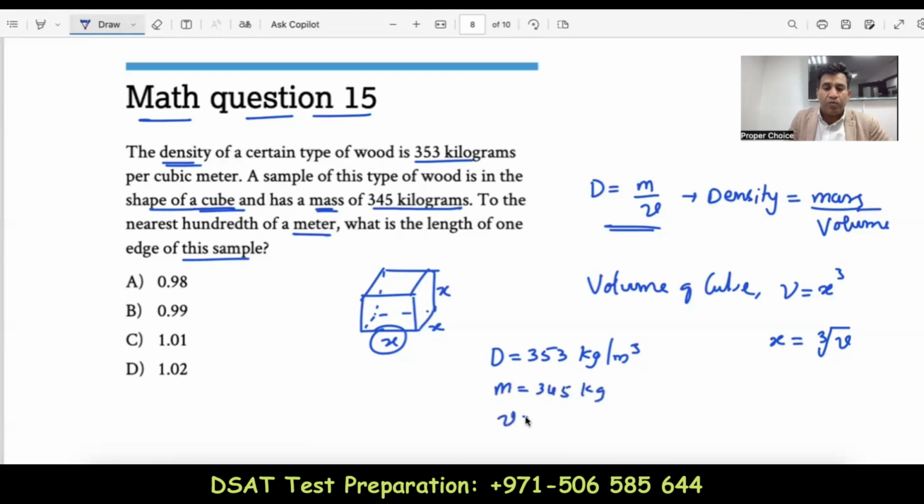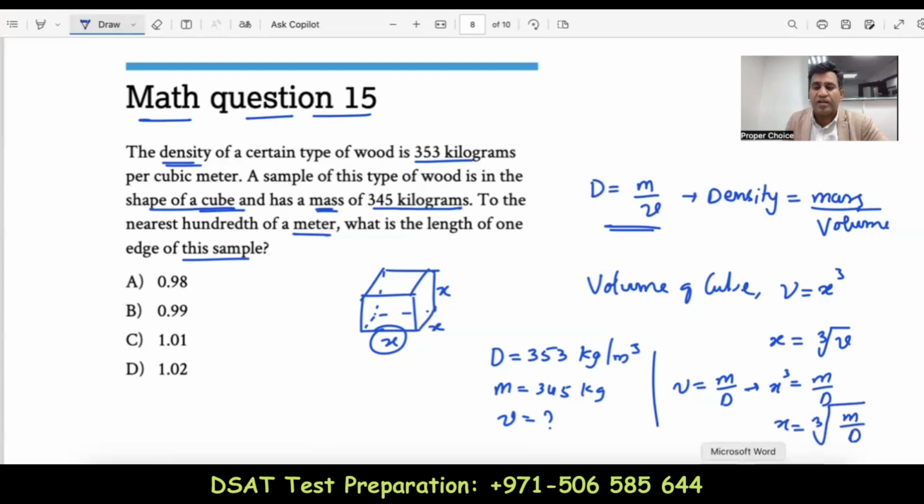Now you can find the volume by substituting, or you can just use Desmos. Volume can be written as mass by density. Further, if you replace volume with x cubed, I can say x cubed equals mass by density, so x equals the cube root of mass by density.